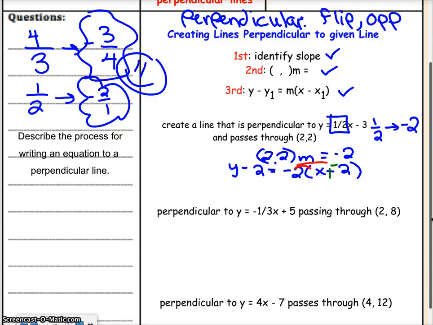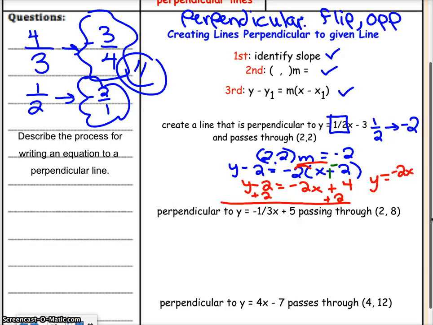Distribute. Y minus 2 equals negative 2x plus negative 2 times negative 2, positive 4. Move my 2. Y equals negative 2x plus 6. I don't have room. I need to move this.